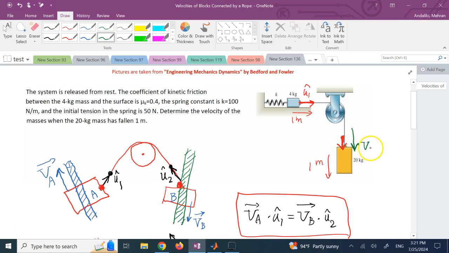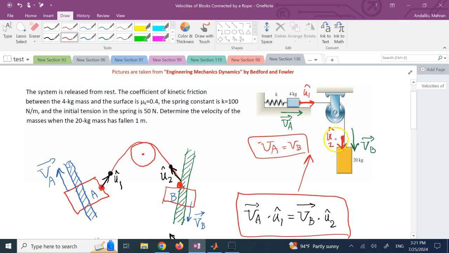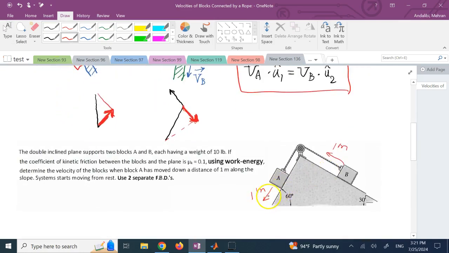This is V of B, and this is V of A. Because U1 and U2 are parallel to their corresponding velocities, VA and VB, when you apply this, the projection is simply magnitude VA equals magnitude VB, and that is what we expected. So here it's very obvious. Or if you apply it to this case, again, it's the exact same thing.